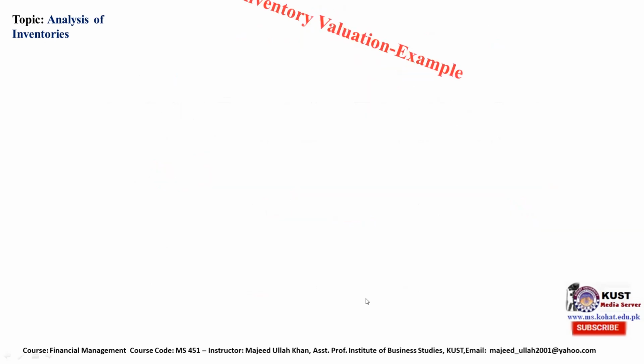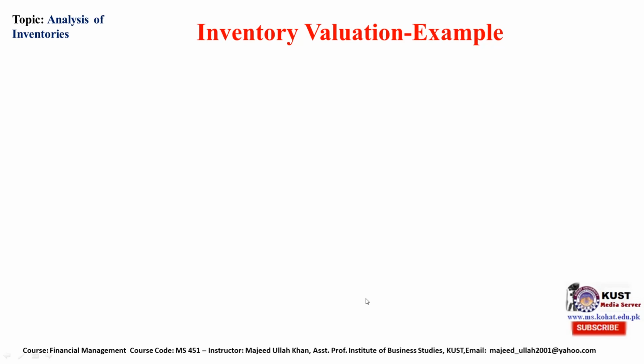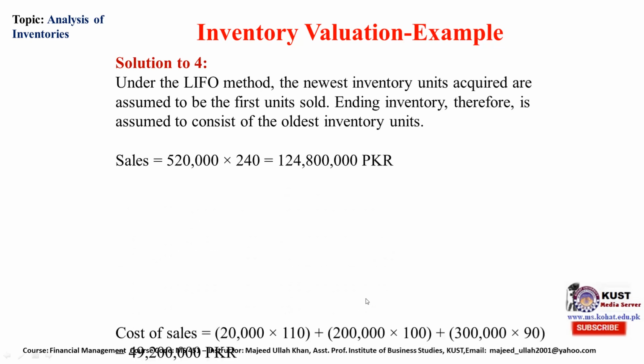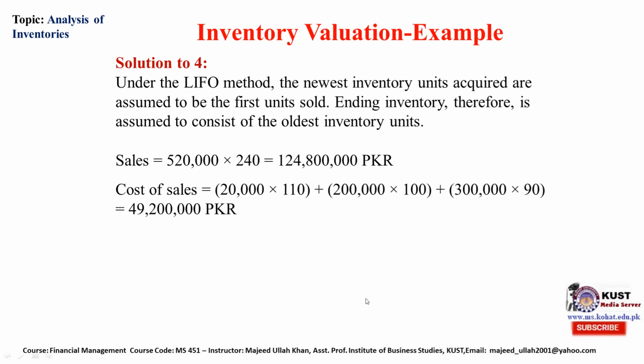Inventory valuation method under LIFO method. In LIFO method, the newest inventory units acquired are assumed to be the first units sold. Ending inventory therefore is assumed to consist of oldest inventory. So sale is the same as previous. Cost of sale. Now we will start from the last in, first out.